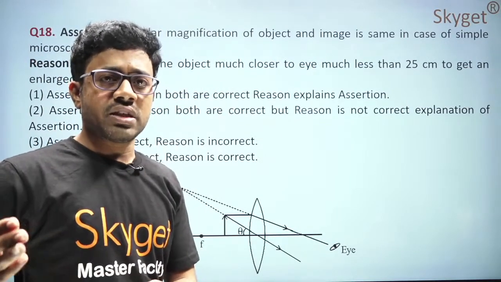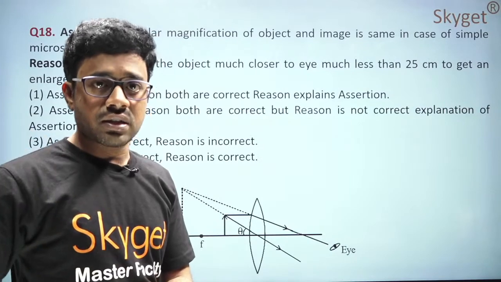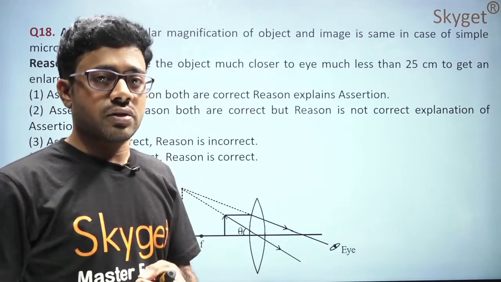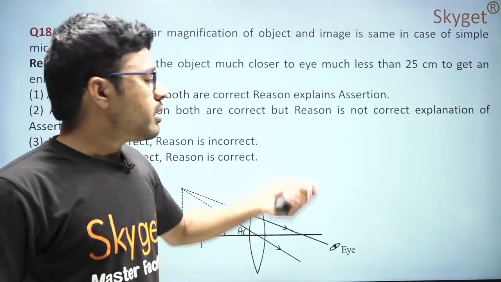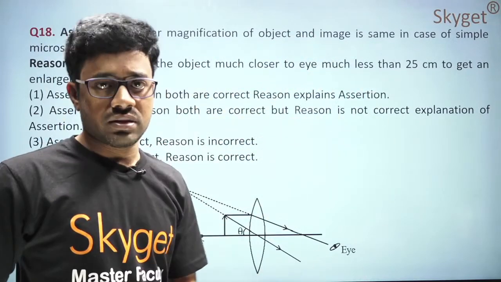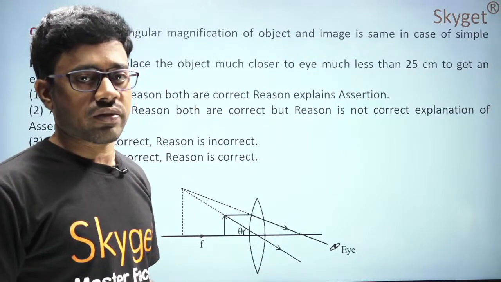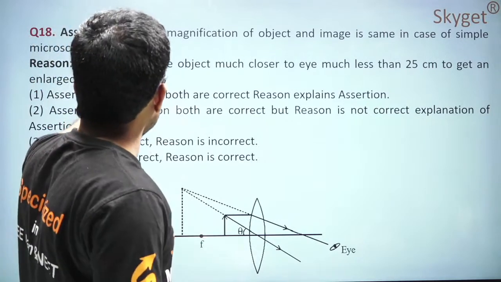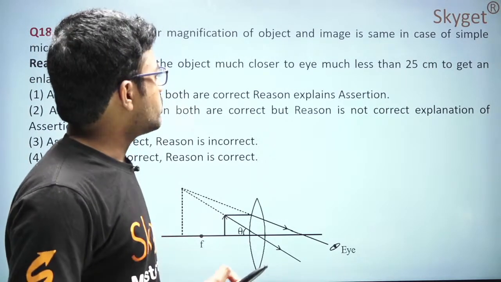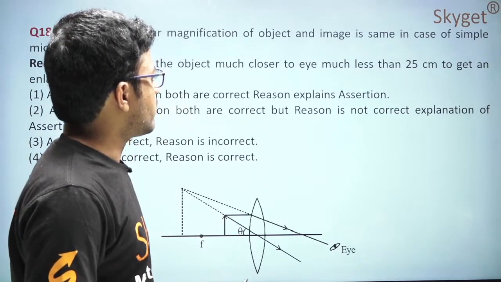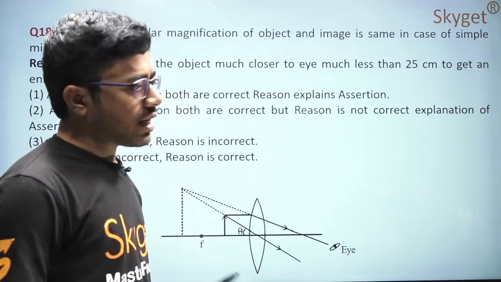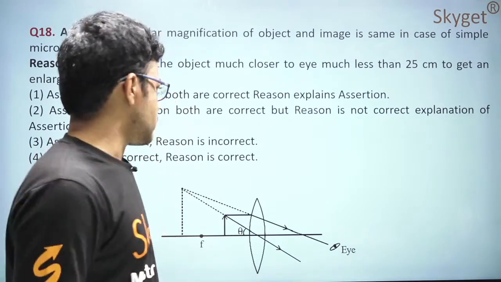Here the object and image are at different distances and are of different sizes also, so obviously the angles can be the same. So it is possible in case of a simple microscope. The second one is the reason: we can place the object much closer to the eye, less than 25 centimeters, to get an enlarged image. So it is also possible.